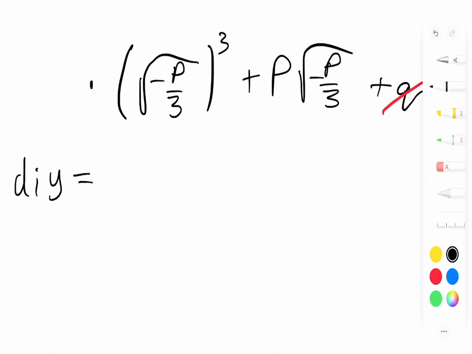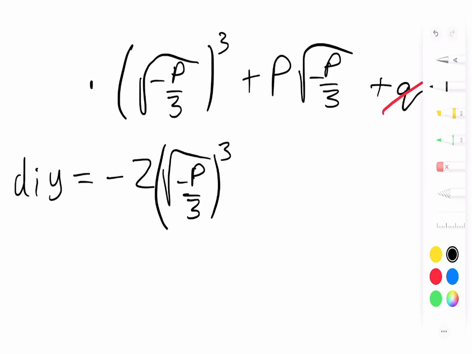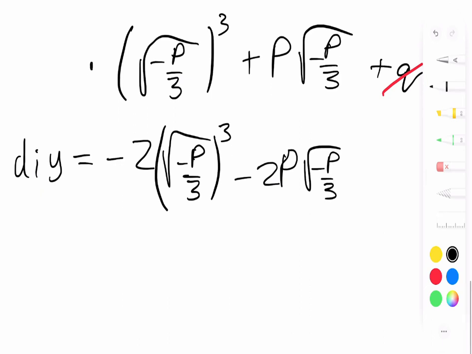DIY, difference in y value, is equal to minus 2 times the square root of minus p over 3 cubed, minus 2p times the square root of minus p over 3, and no q's because I told you they cancelled.